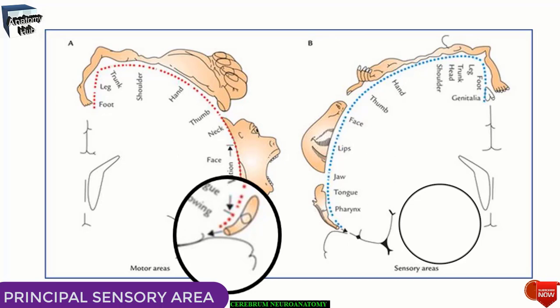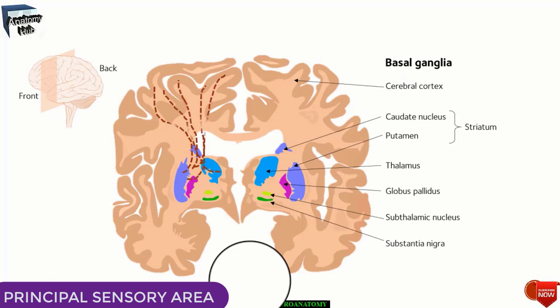The primary sensory area receives projection fibers from the ventral posterolateral, or VPL, and the ventral posteromedial nuclei of the thalamus.